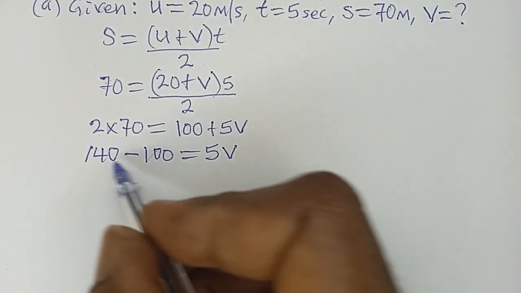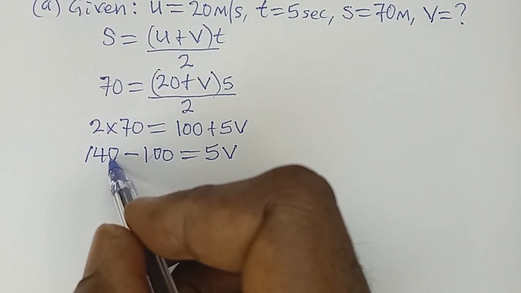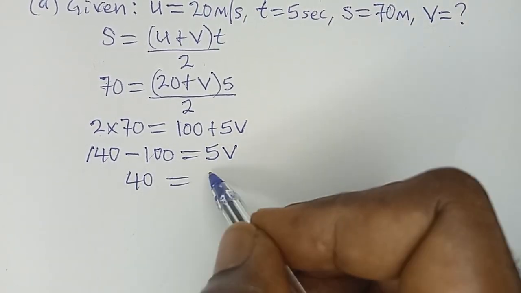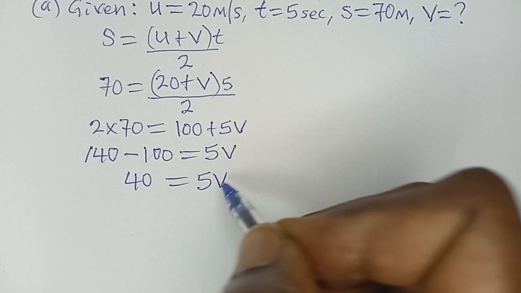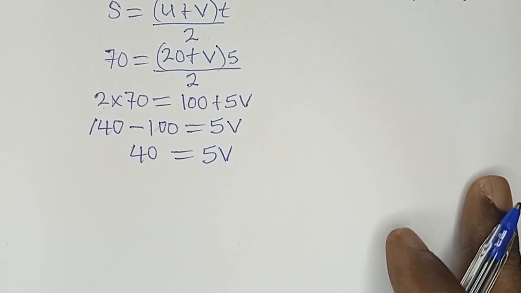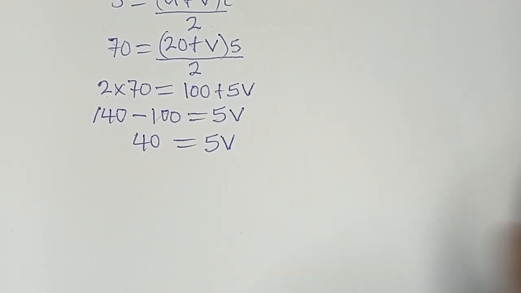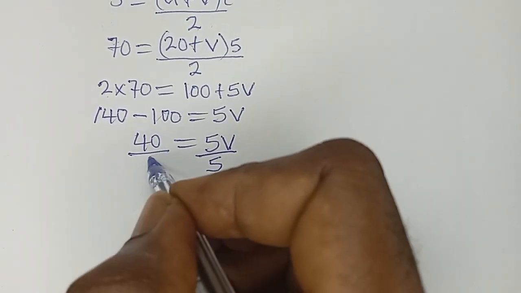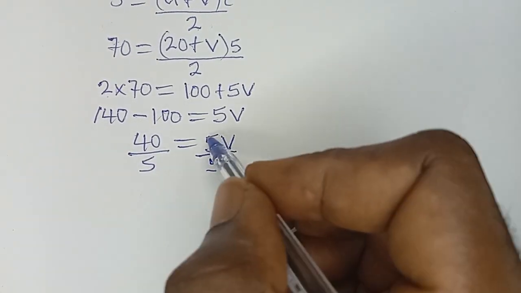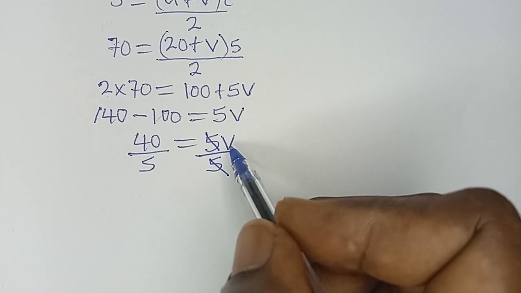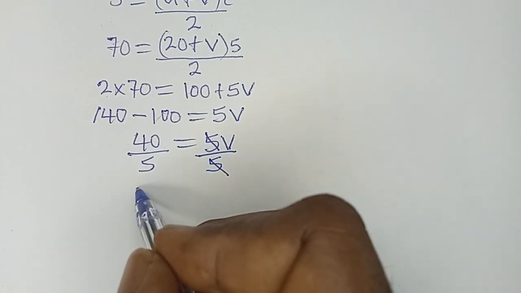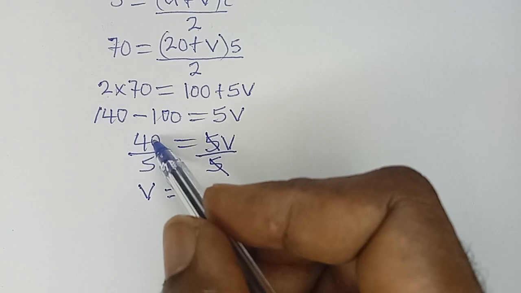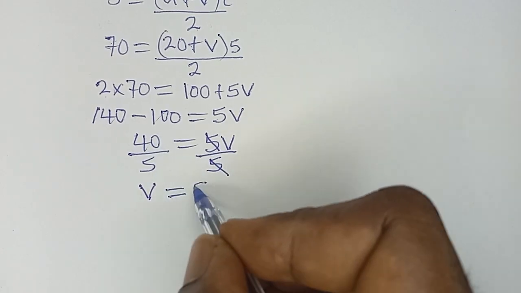So now, 140 minus 100 is 40, and that will be equal to 5V. To get the value of V, I can simply divide both sides by 5. So 5 cancels 5, and I'm left with V on this side. So I can write the V first, and it's equal to 40 divided by 5, which gives me 8.